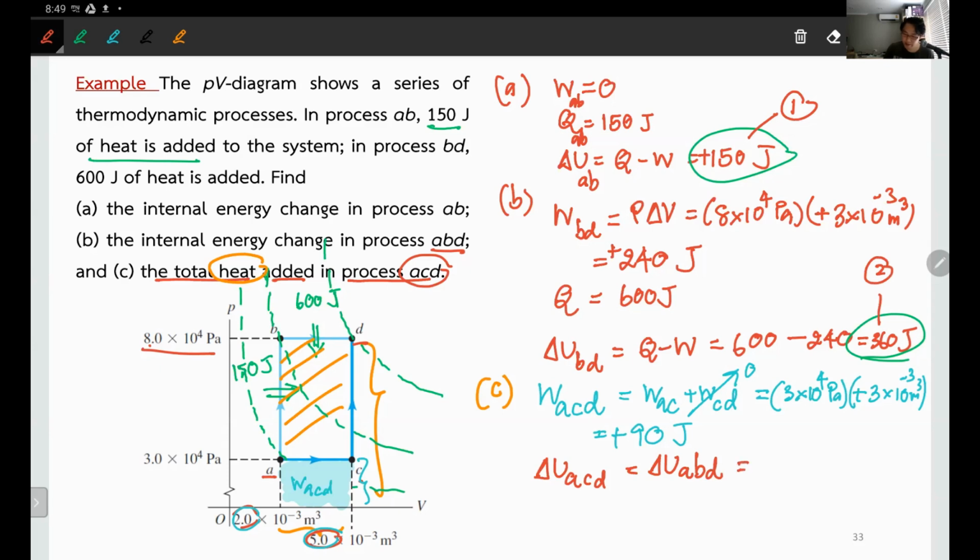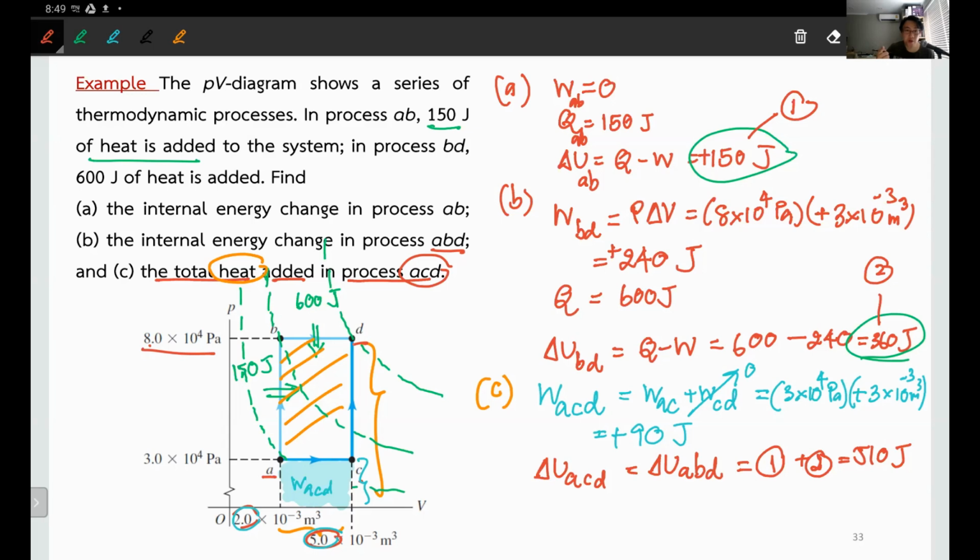So the total change of the internal energy from the 2 sections, from A to B, and then from B to D, is the sum of these 2. So how much is that? 510, is that right? Okay, here we go. You guys follow so far? Looks good. All right, and that's it.